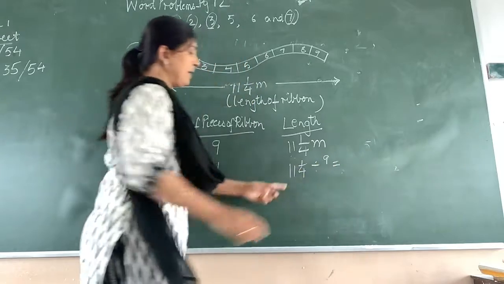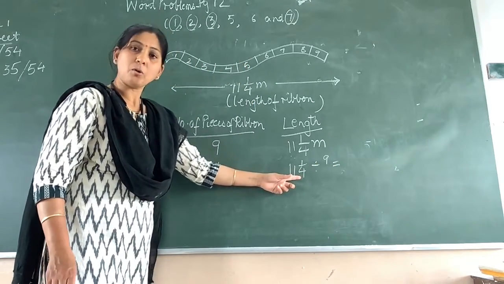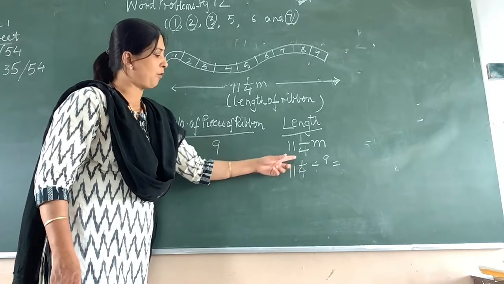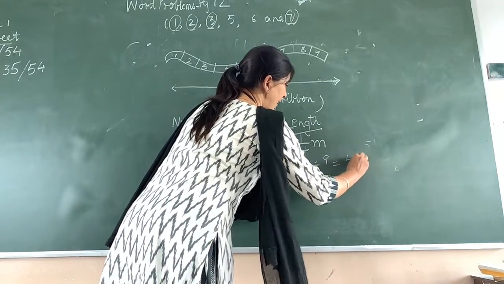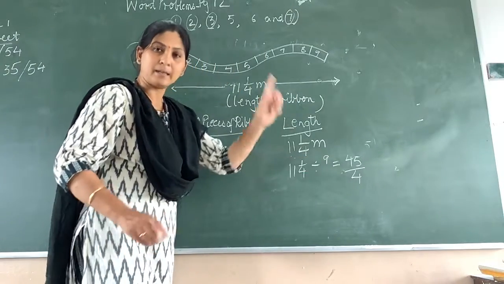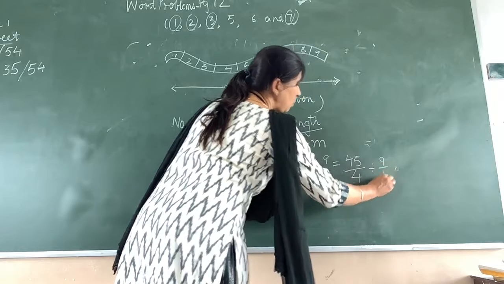Now come on. In first step, let us convert this mixed fraction into improper. 4 times 11 is 44. 44 plus 1, 45. 45 over 4. Now, 9 means 9 over 1.